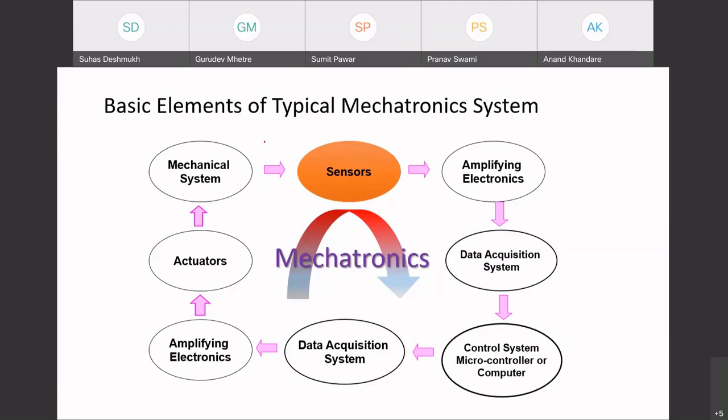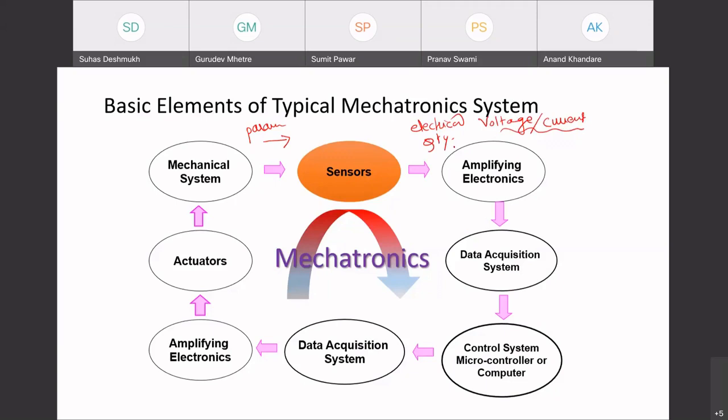The input is a certain parameter, and that parameter is to be converted into an electrical quantity. Electrical quantity means maybe you convert it into a voltage, or maybe into a current. Okay, these are the outputs I expect.